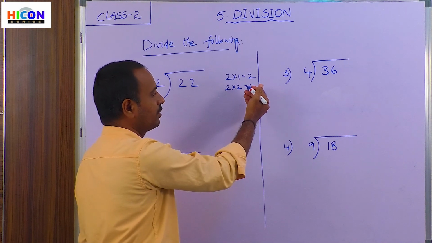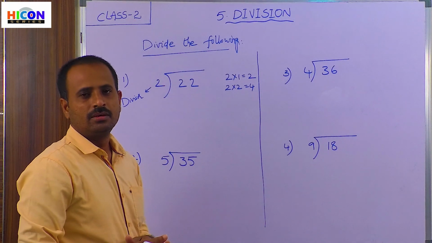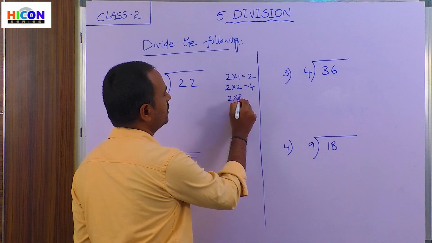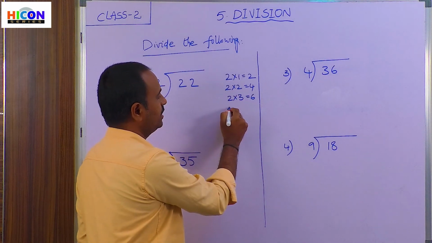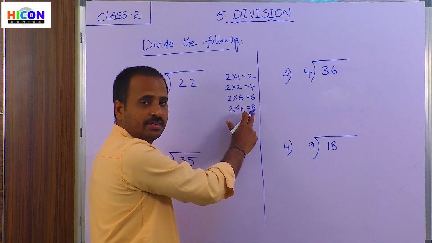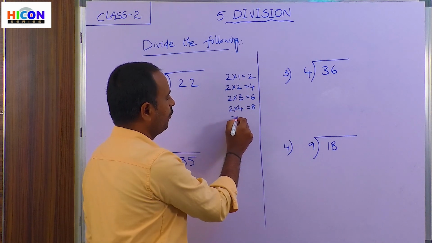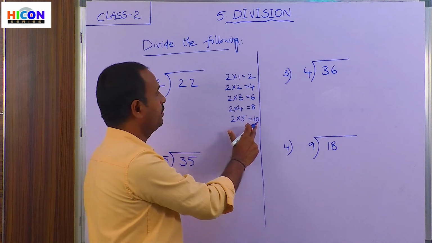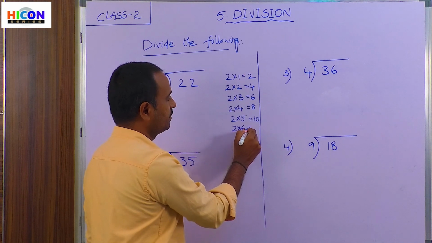So now we have to write until the number 22 comes. 2 threes are 6, and you have got the number 6 here. In the same way, 2 fours are 8, and we got the number 8 but not 22. So let us continue. 2 fives are 10, and 10 we have got, but we have to get 22. The same way, 2 sixes are 12.